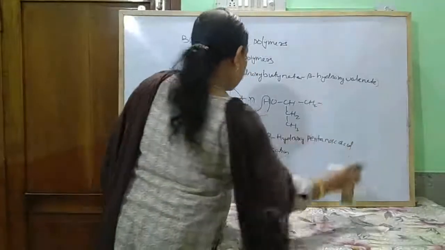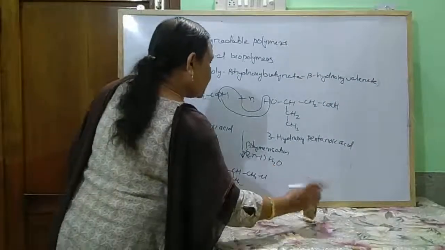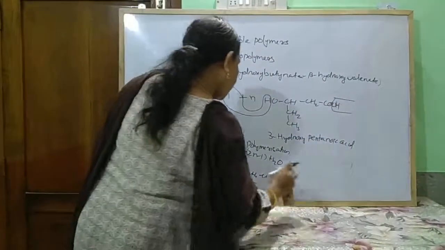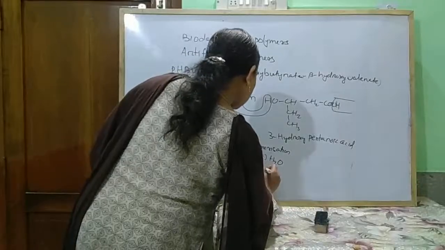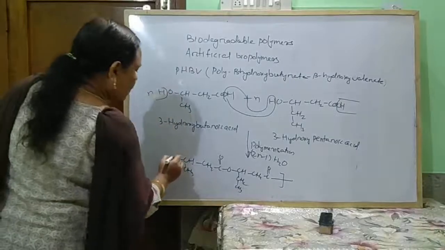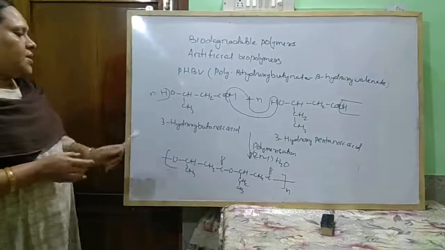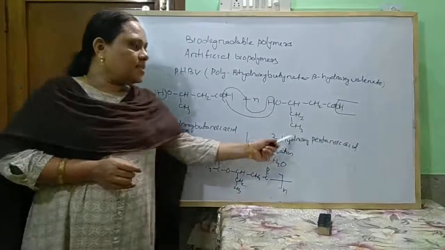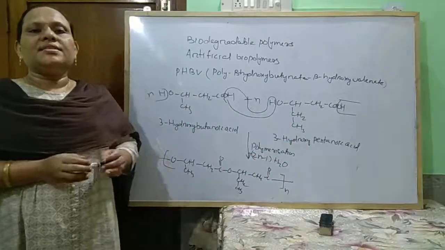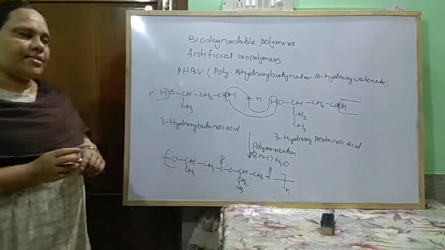Sorry, this one is acid, and this part again reacts with pentanoic acid. So this forms CO. Here this hydrogen again can be removed. In this way, this is the repeating unit. So this is 3-hydroxybutanoic acid, 3-hydroxypentanoic acid, and this is your PHBV. Generally, this is used for orthopedic devices and capsules for drug delivery.